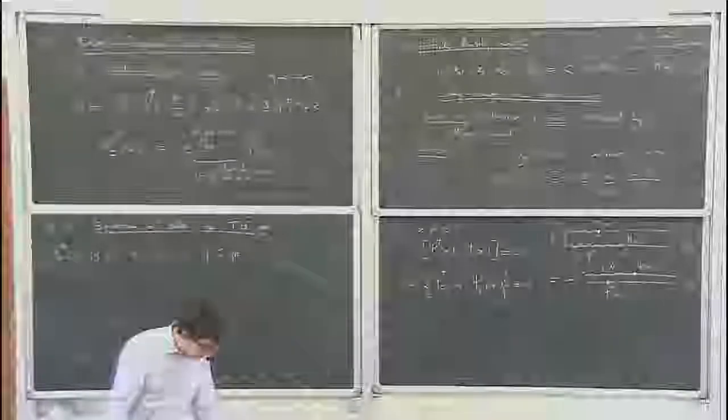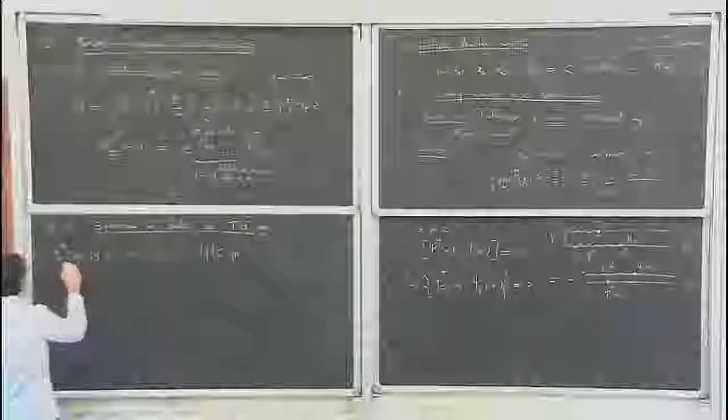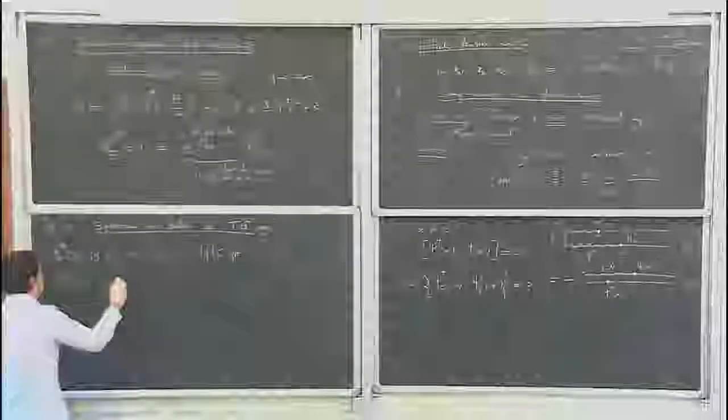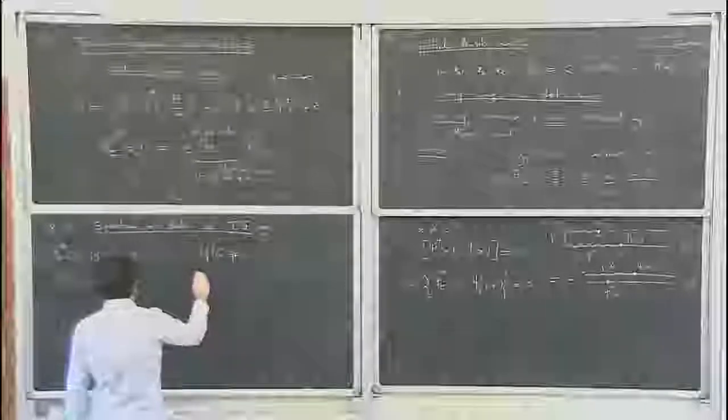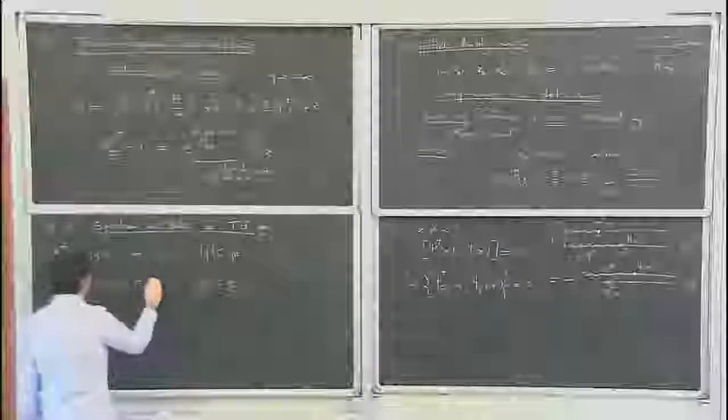So this is 0. And if I try to annihilate a fermion that has a momentum larger than the Fermi momentum, then this is also 0.